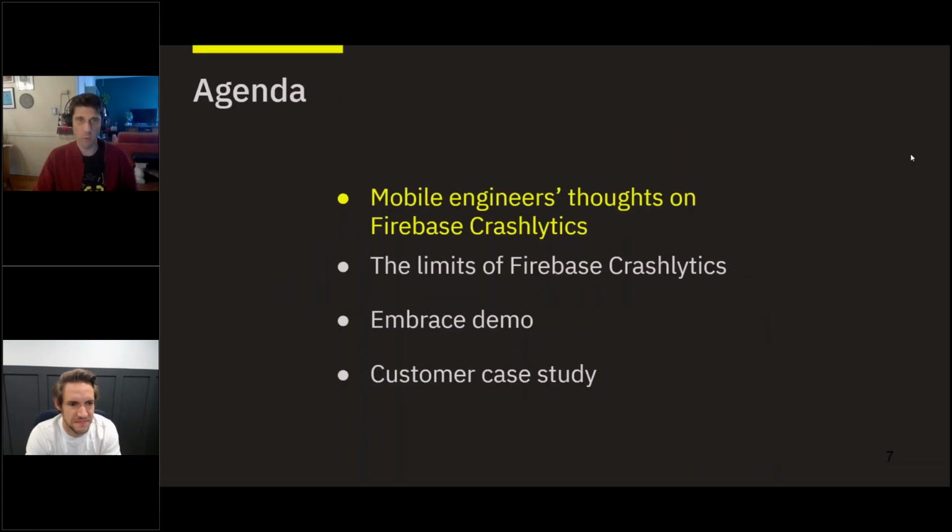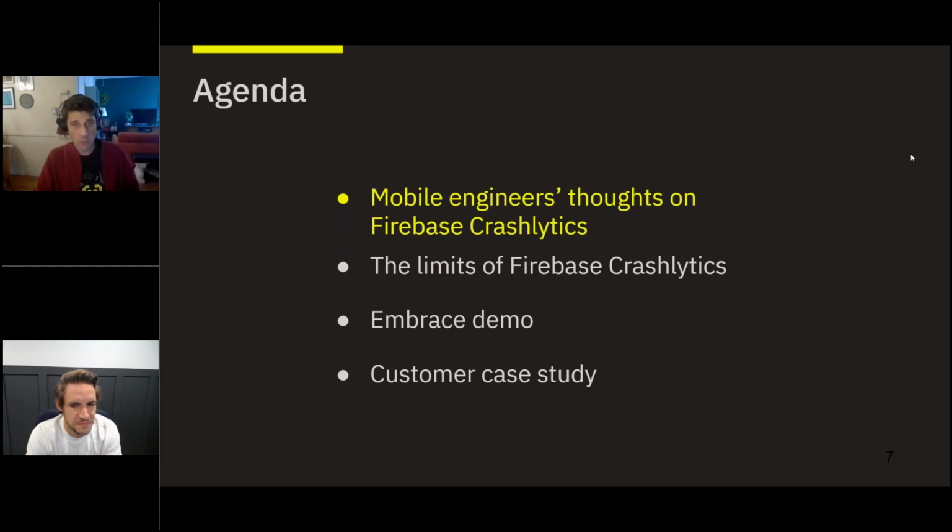So let's cover the agenda, what we're covering today. First, we're going to cover some key findings from a recent survey we conducted with mobile engineers, where they talked about their biggest pain points in building mobile apps. Then we're going to share a little bit about what mobile teams tell us each and every day that are the limits that they come up against when they're relying heavily on Firebase Crashlytics.